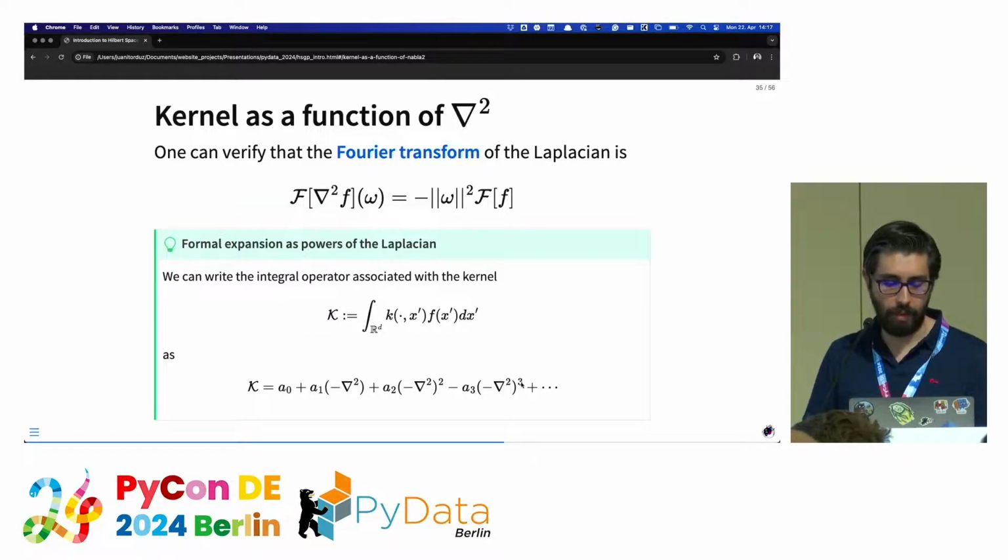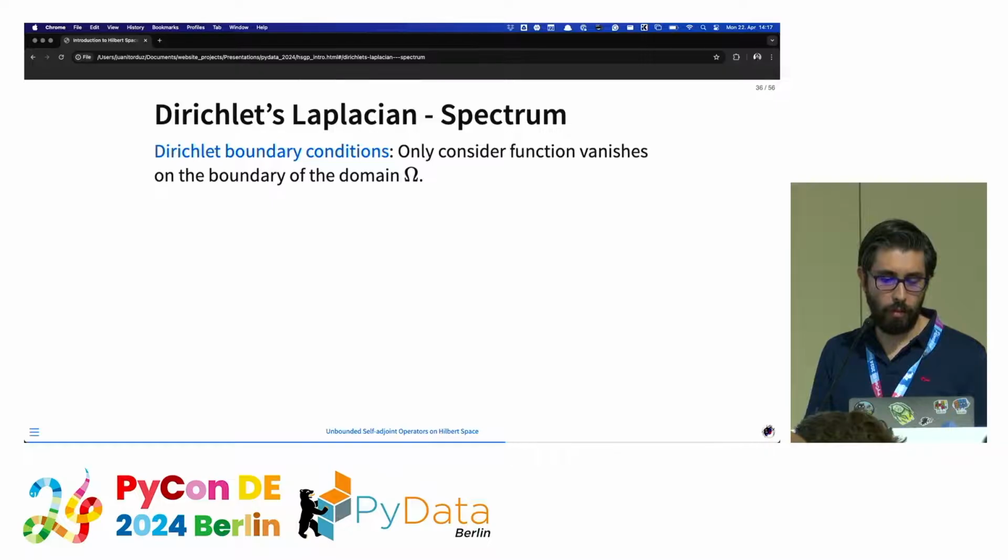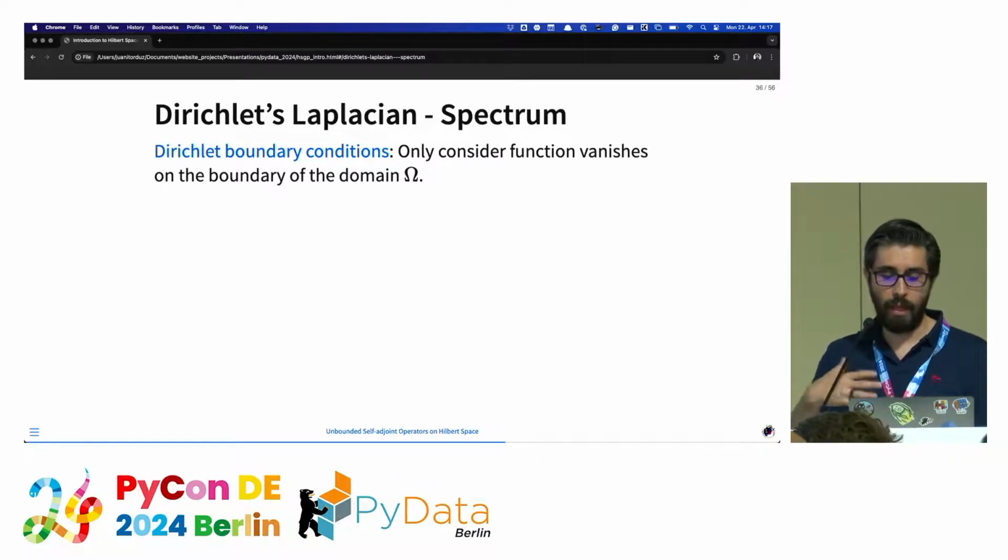But here you haven't gained anything yet, because if you have studied differential operators, you know it's important to define a domain of definition or boundary conditions. So one very common boundary condition is to assume that the functions in the domain of this operator vanish on the boundary of a certain domain.